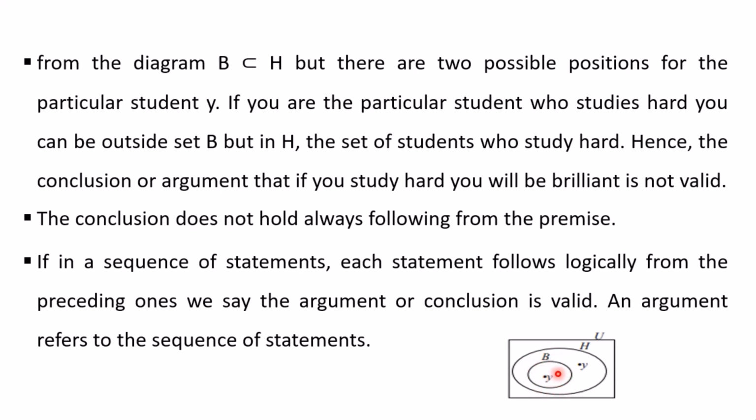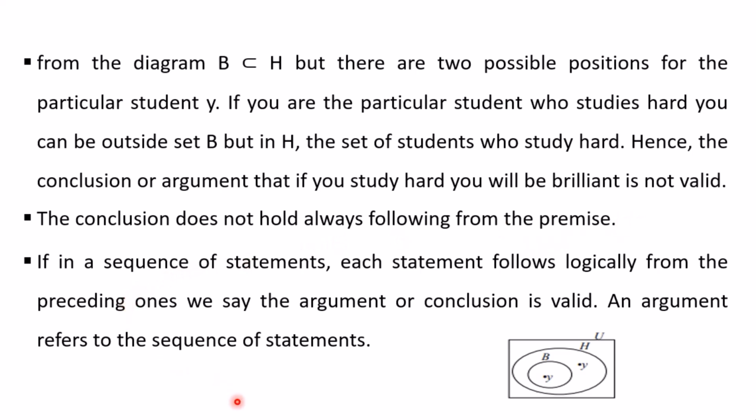So if you are within the brilliant students, then that statement becomes a valid statement. But if you are outside the brilliant students, then though you are a hard student, you are not brilliant, so that statement becomes an invalid statement. So the conclusion does not always follow from the premise.